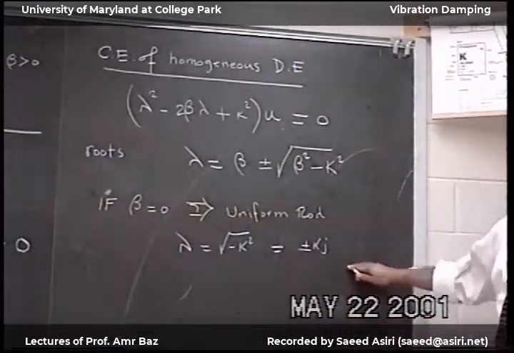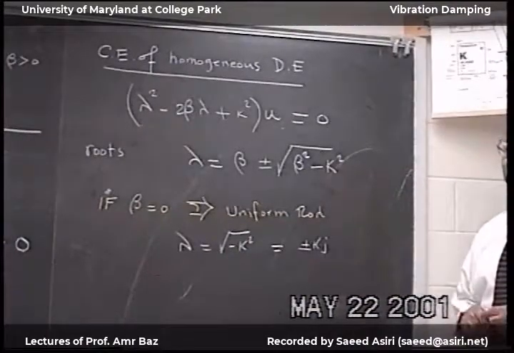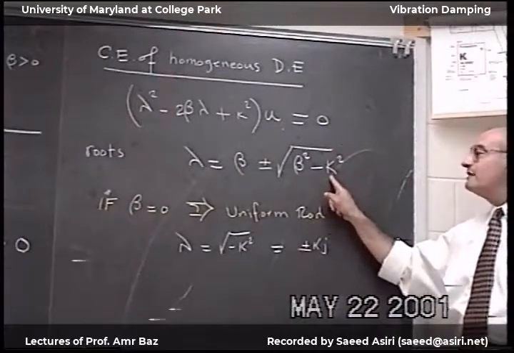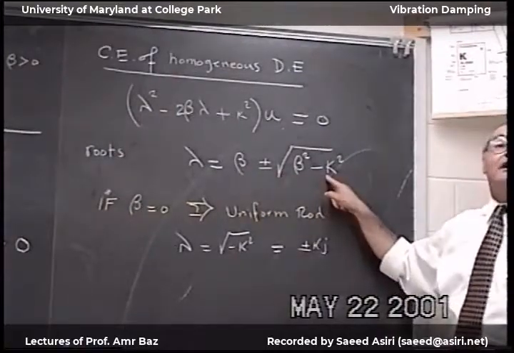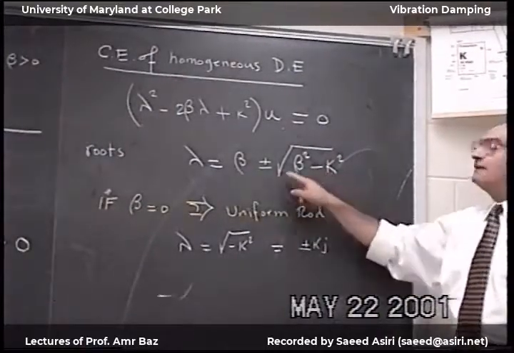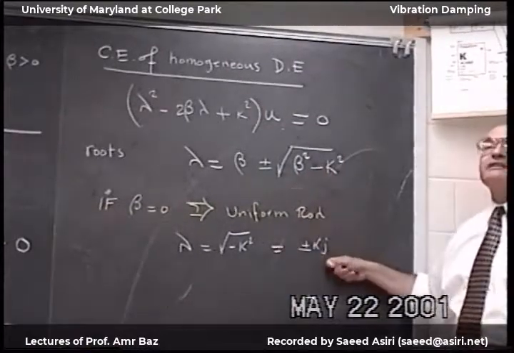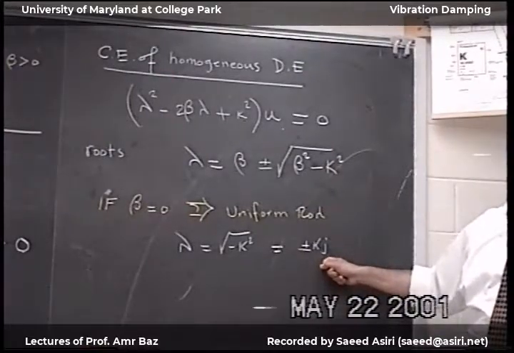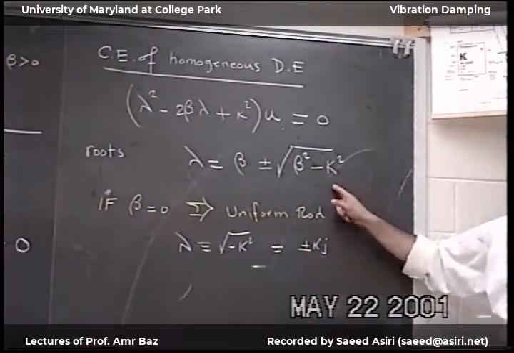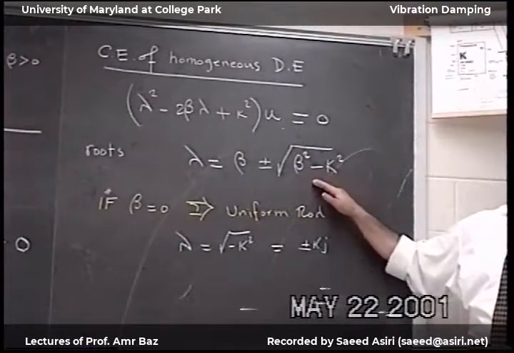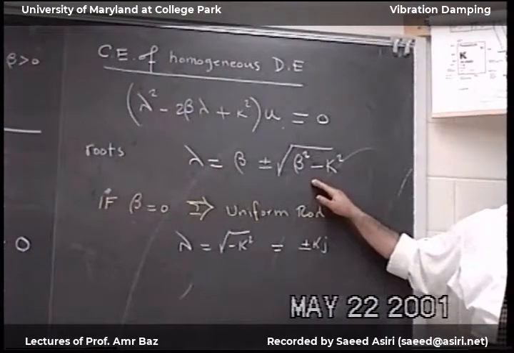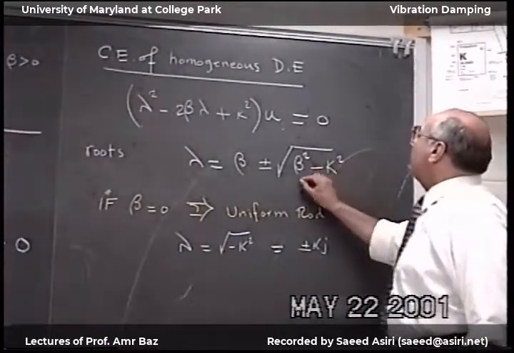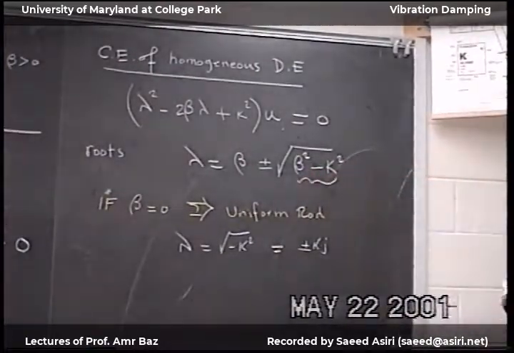If not, then I have this. Now, if this is greater than this, everything is real. If beta is equal to 0, everything is imaginary. If everything is imaginary, everything is propagating. Now here, if everything is real, nothing will propagate. Now, the whole thing depends on this radical.